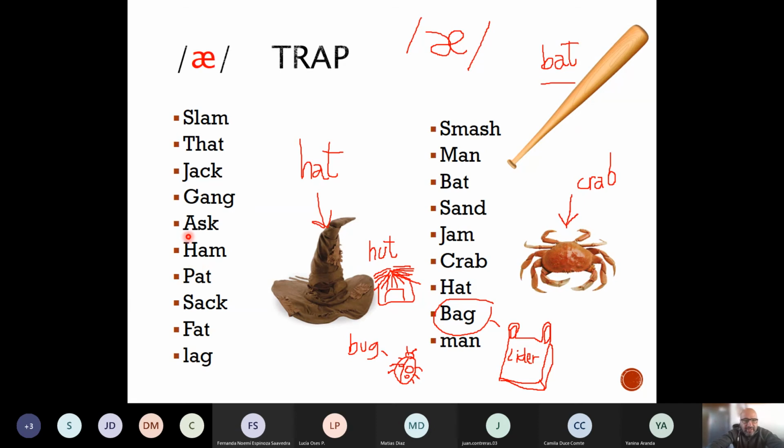Entonces van a veces a escuchar que una persona en vez de decir "ask" con este sonido, puede decir "ahsk". Oye, en el inglés británico se escucha mucho como si fueran más serios, no sé, como los japoneses.